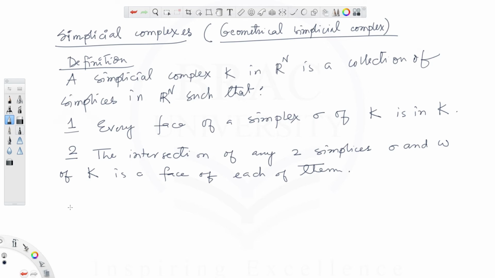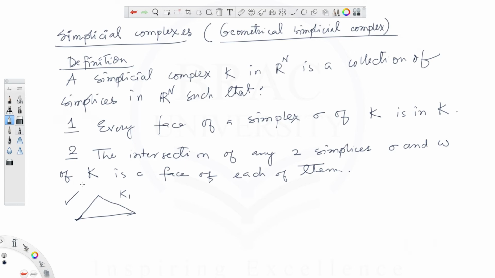So let us have a bunch of examples. Say the collection is just a two simplex. We call it K1. K1 is a simplex, so K1 is a simplicial complex. It consists of only one simplex.